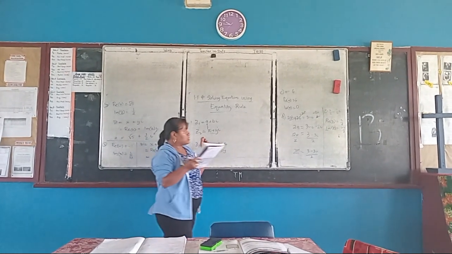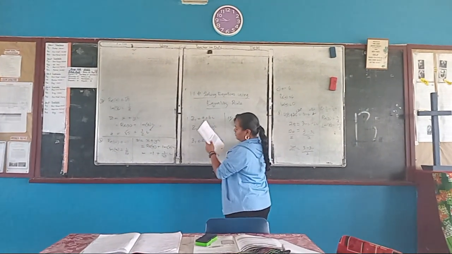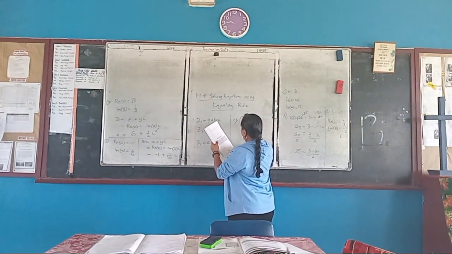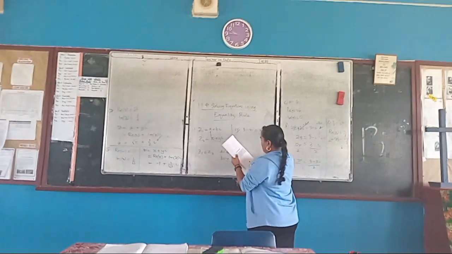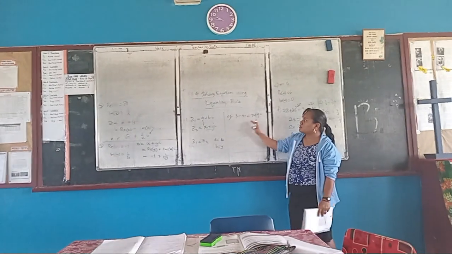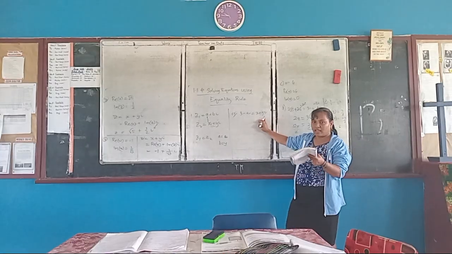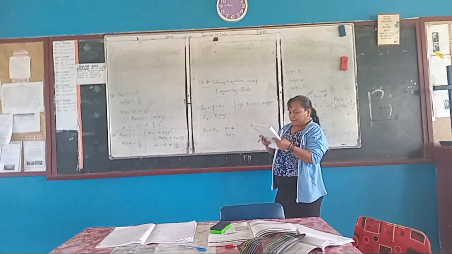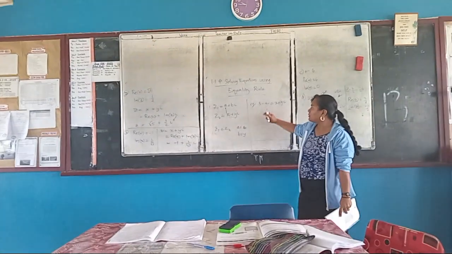So, solving one question. If 3 minus 4i is equal to x plus yi, then you rearrange it together.